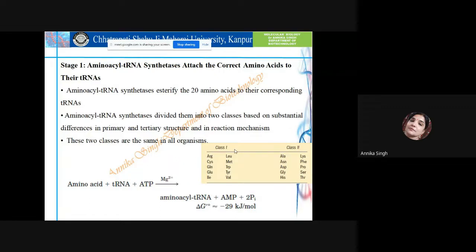So most organisms have one amino acyl transfer RNA synthetase for each amino acid, and for amino acids with 2 or more corresponding transfer RNAs, the same enzyme usually aminoacylates all of them.